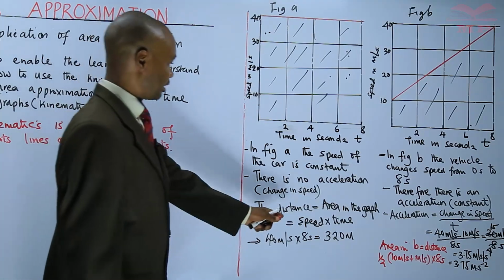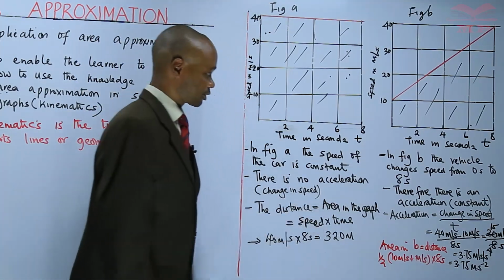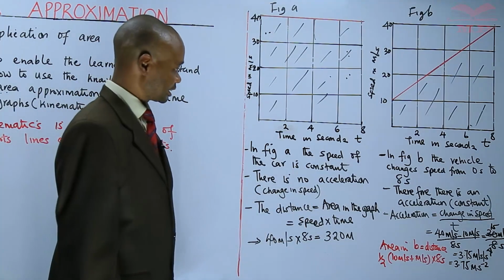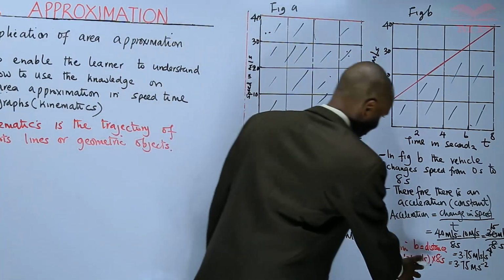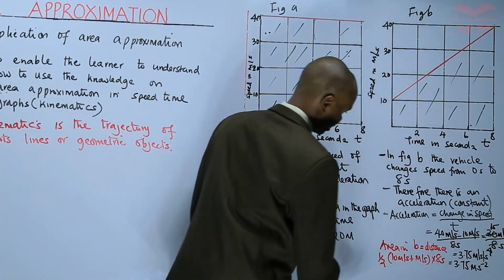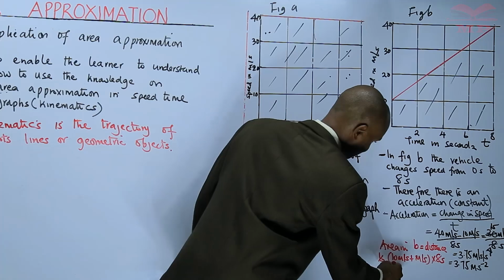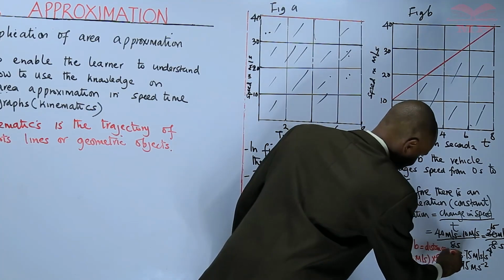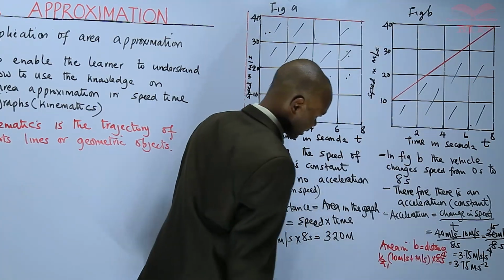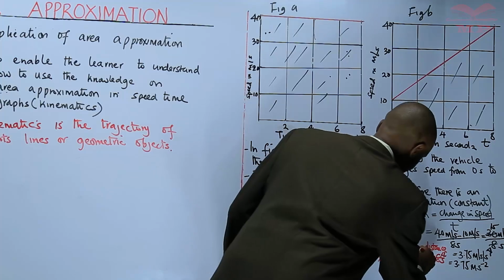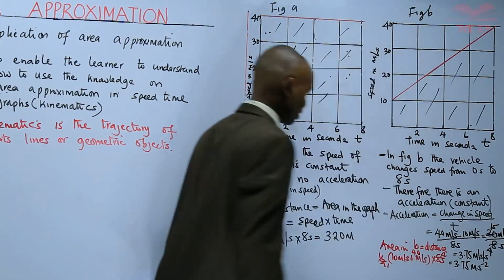Just as we got there, distance is equal to speed times time. So when I'm getting this, I'm getting the speed. So 2 goes there, 1, 2 goes there, 4. So this was supposed to be 40 meters per second.